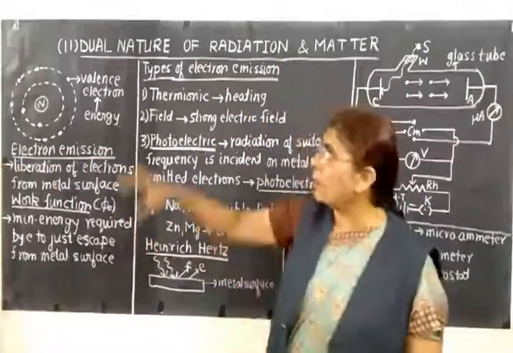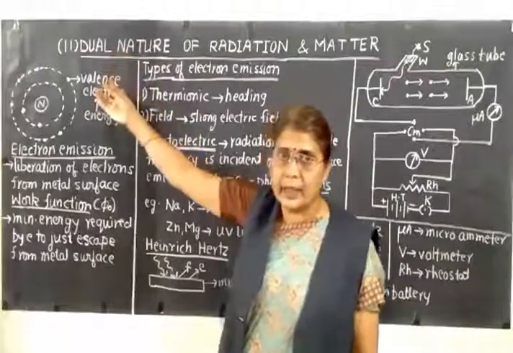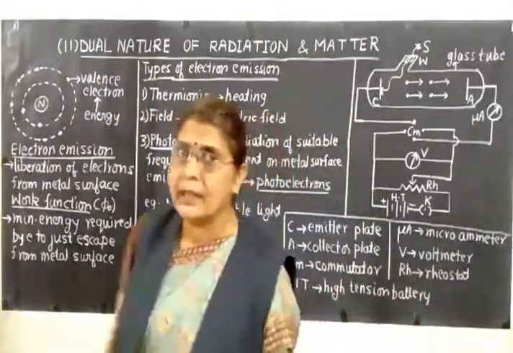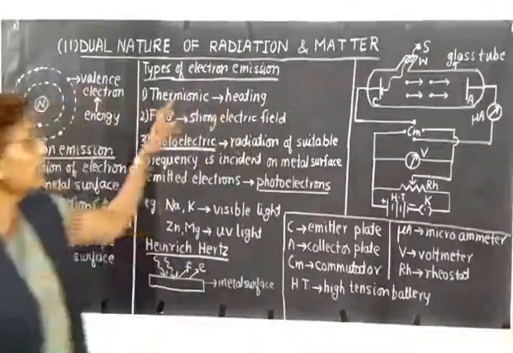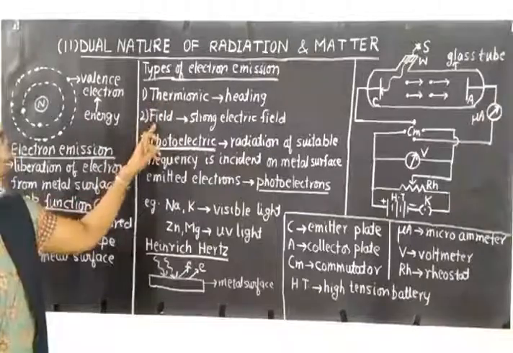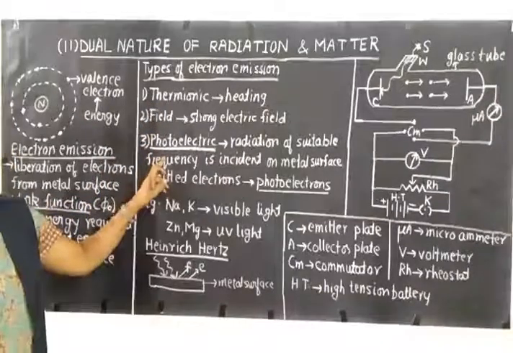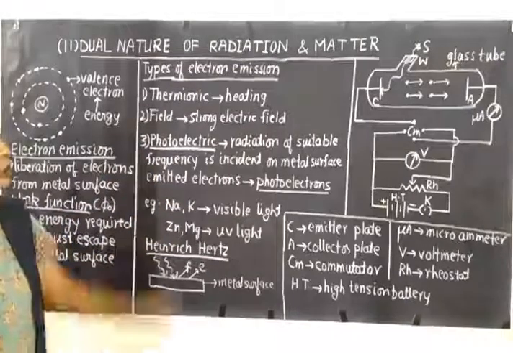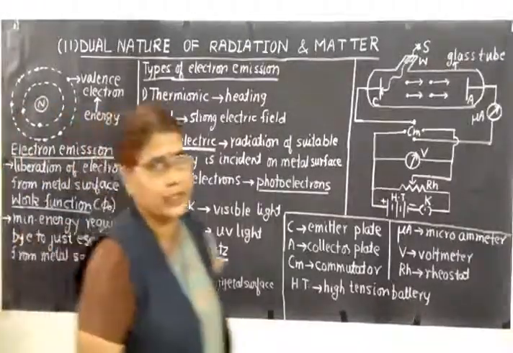Now, depending upon how you supply energy to the electrons, there are different types of electron emissions. What are the different types? Three types are there: thermionic emission, field emission, and photoelectric emission. In all three cases, you are supplying energy to the electrons. The first one is thermionic emission.